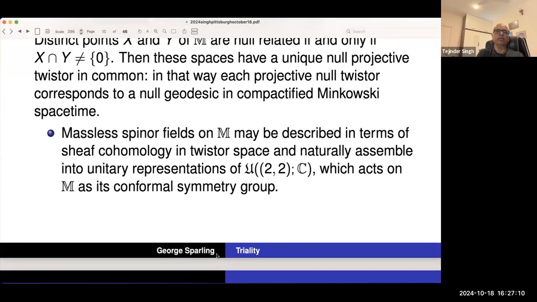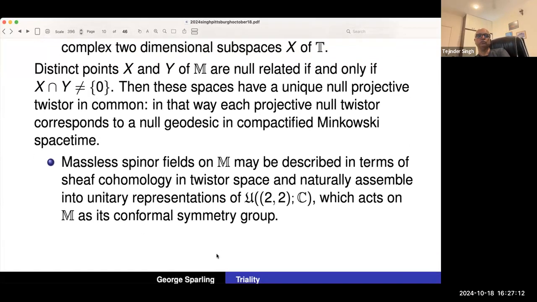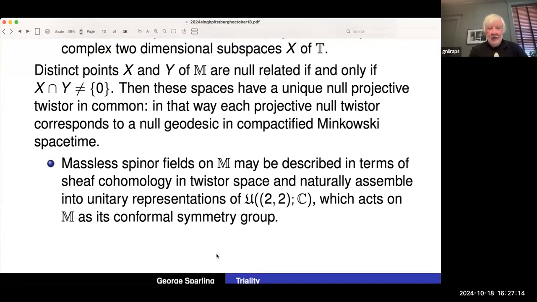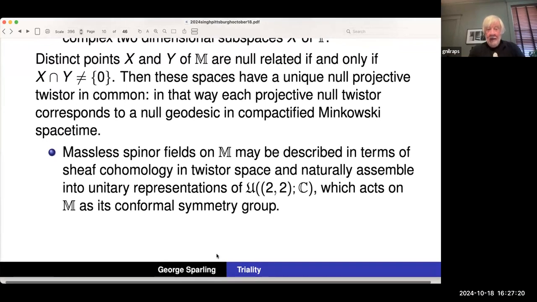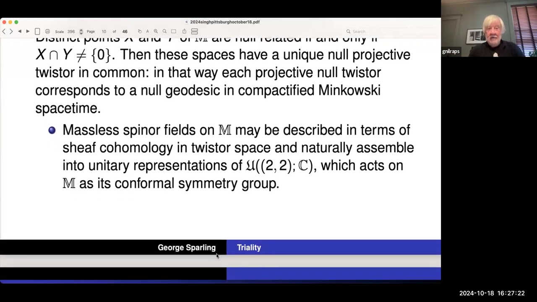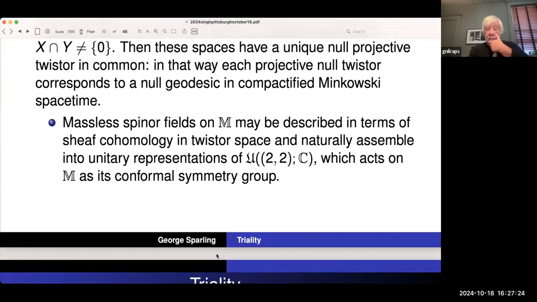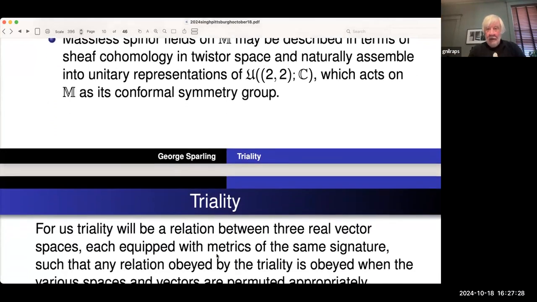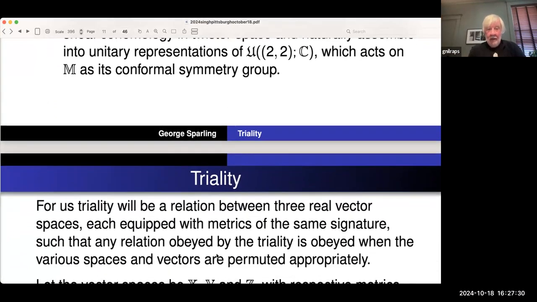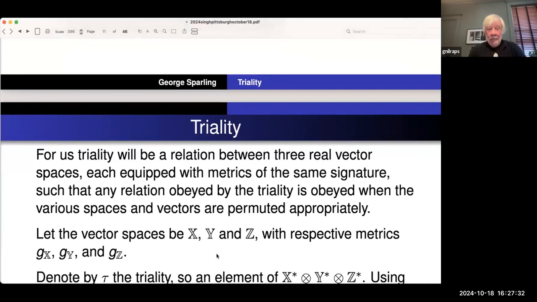Yeah. Oh, great. Yes. So that's the bottom line, is that you can get spinor fields in a natural way out of twistor theory, and they are massless spinor fields, and you can get arbitrary spin. Okay, let's go back now to the first main topic of the talk, which is triality.